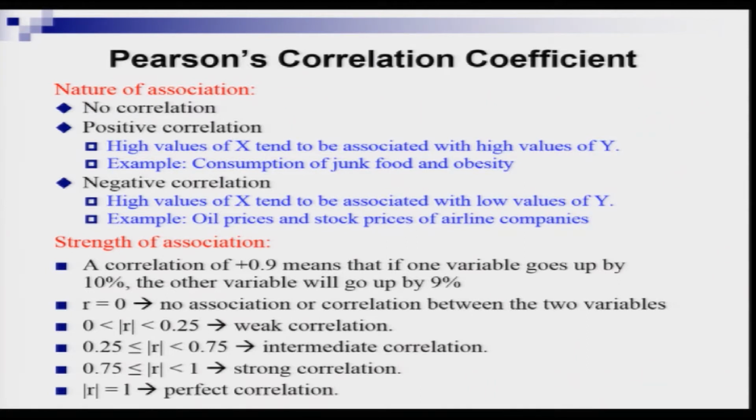Here I can give you one example, say oil prices and the stock prices of airline companies. Now, although these concepts of correlation and covariance cannot be used for a causality exercise, you can't actually say that x is causing y or y is causing x, sometimes there is causality embedded.